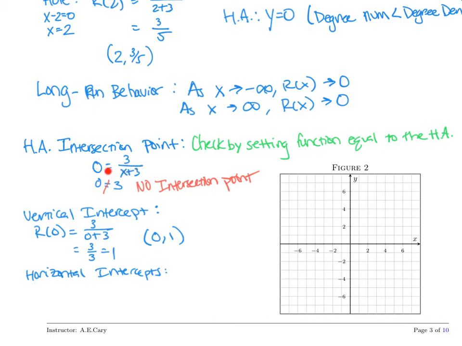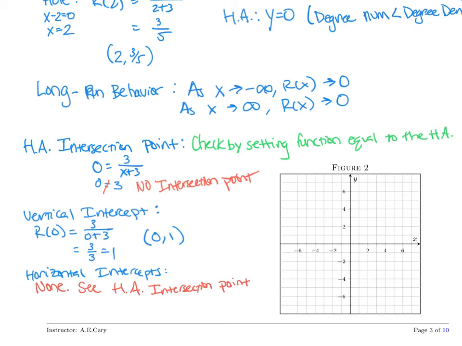If we've already done the work, you can just refer back to another problem. So I'm going to write a note here that says horizontal intercepts: none, see horizontal asymptote intersection point. Because if we don't cross anywhere where the y value is 0, that means we're not crossing the x-axis, so you're not going to have any zeros or horizontal intercepts.